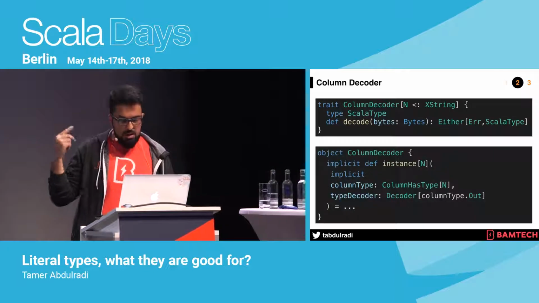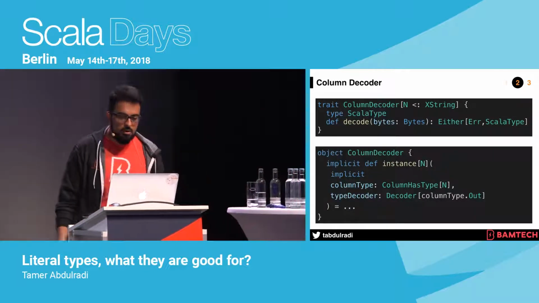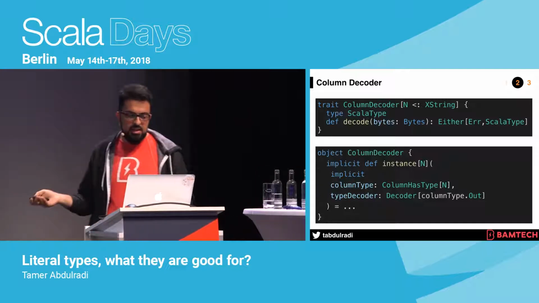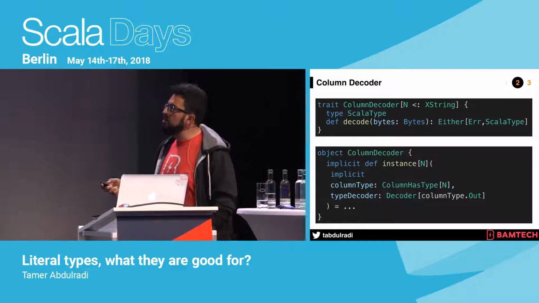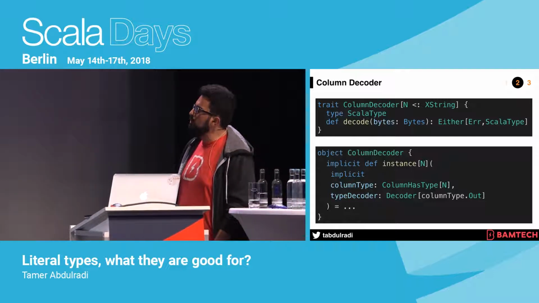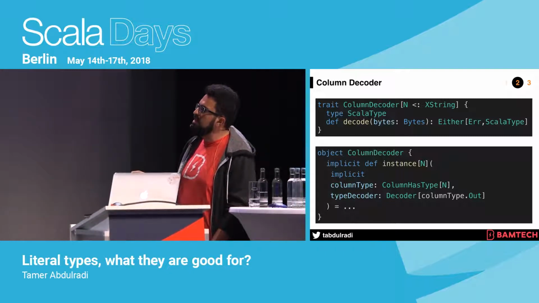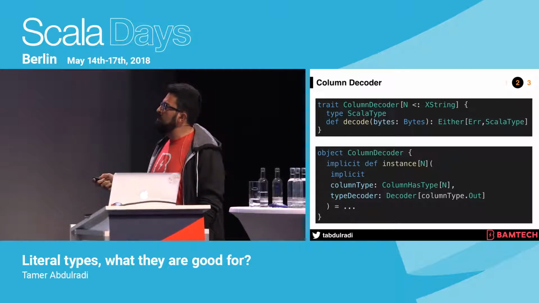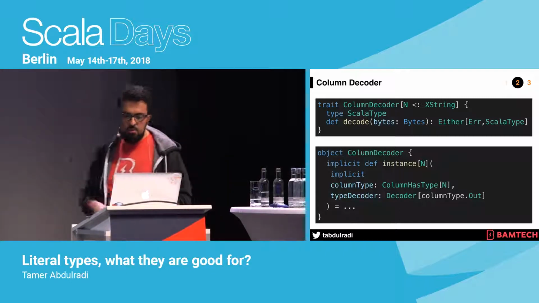To define how this derivation of the column decoder works, we ask the type system for two implicit instances, one for the column type and the other for the decoder, and whatever database type we found in the column, we pass it to the decoder as input, then we get back the decoder instance.